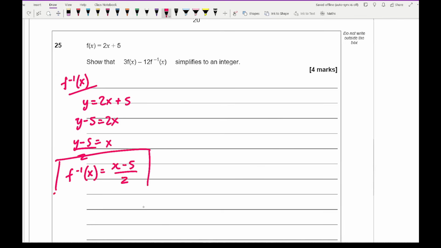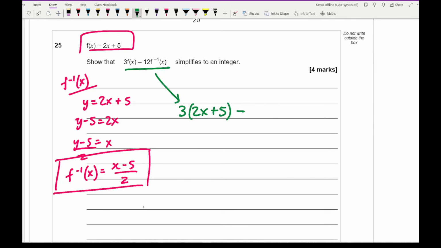So then using this and using this, what we then need to do is work out what this is going to be. So it's 3 lots of f of x, which is 2x plus 5, minus 12 lots of the inverse function, which is x minus 5 over 2.